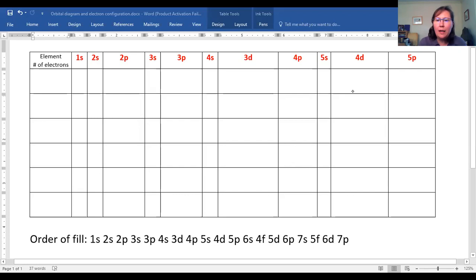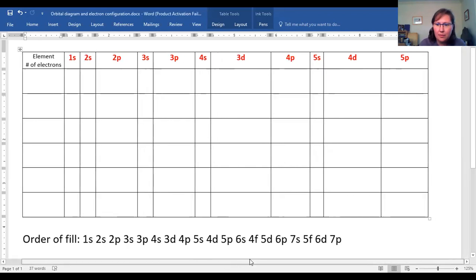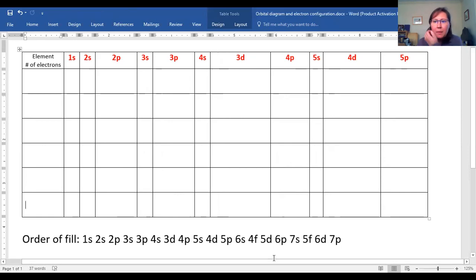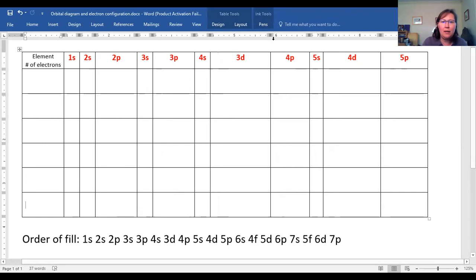I just realized that I don't know if you guys can see this, but the last column over here says 5p. Let me see if I can get that to show. There we go. I think now maybe you can see it. So that last column there says 5p on it.